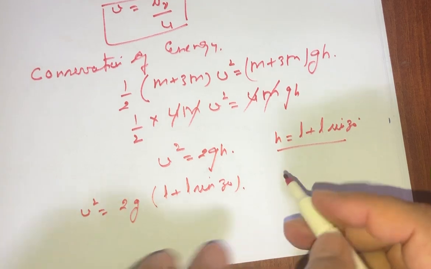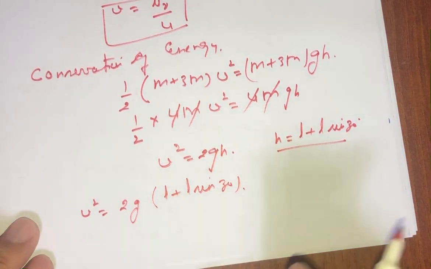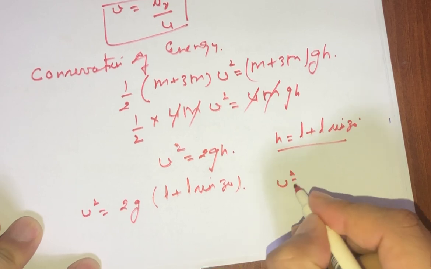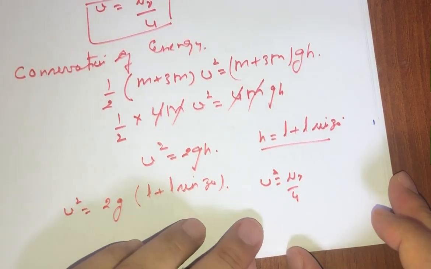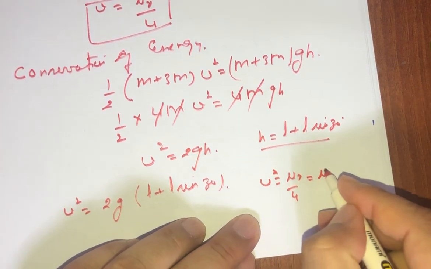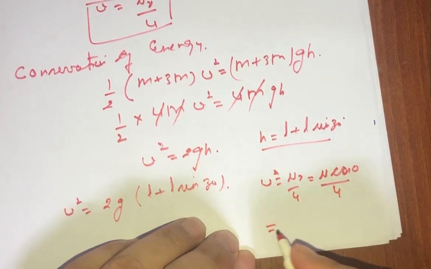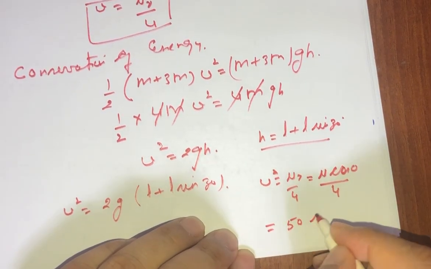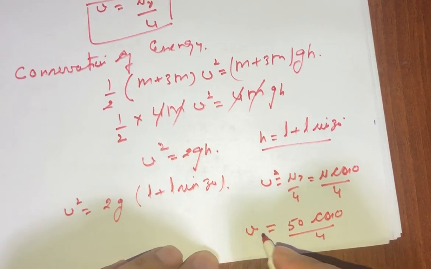And v we already know is given by ux by 4. So v is equal to ux by 4, and ux is u cos of theta divided by 4, and initial velocity is given as 50. So we can write 50 cos of theta divided by 4 is equal to v.